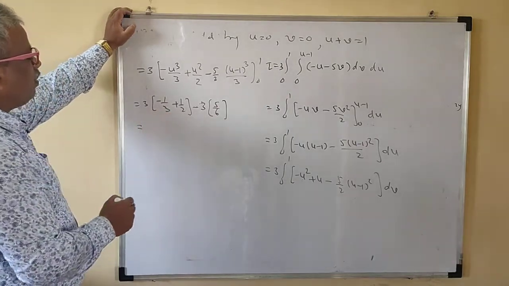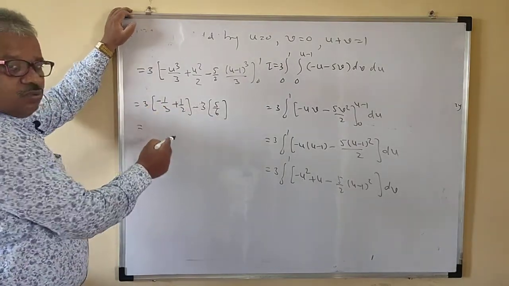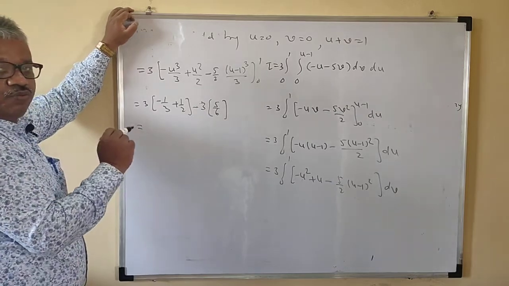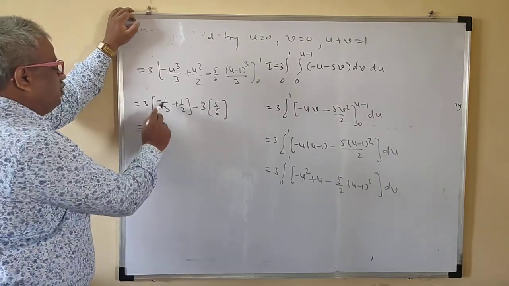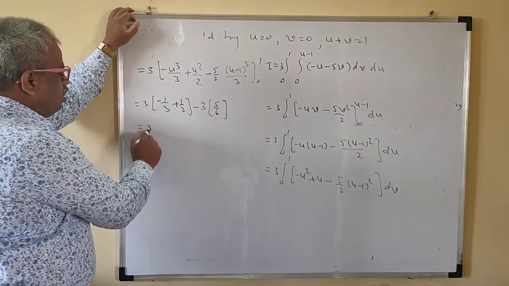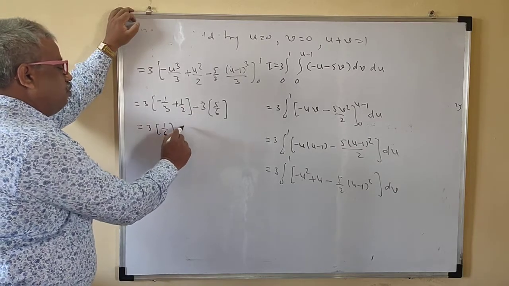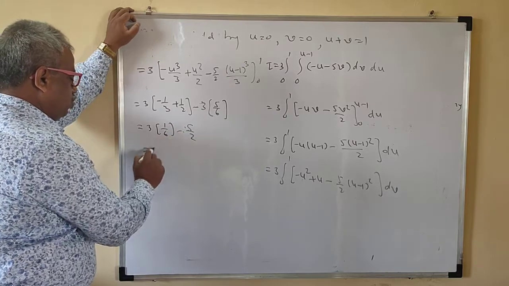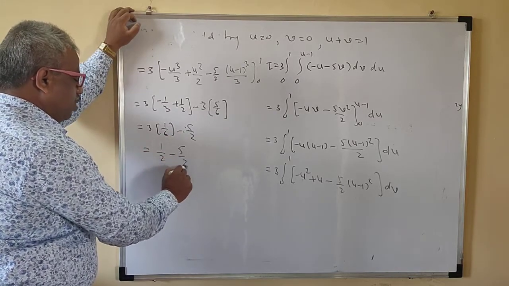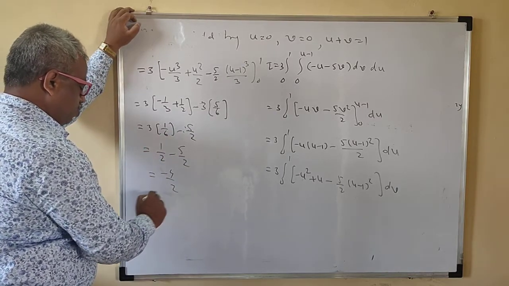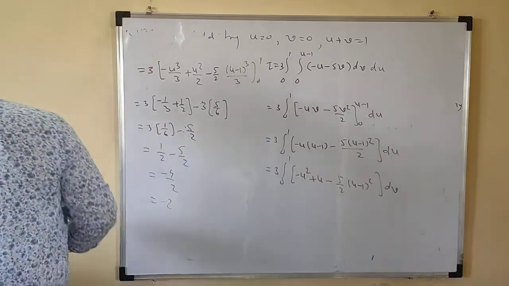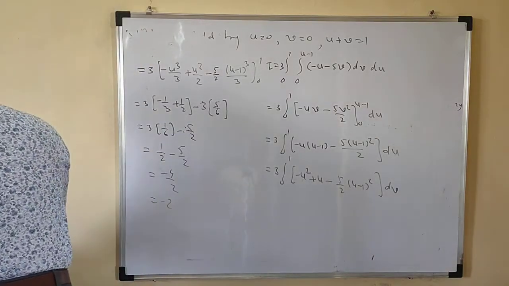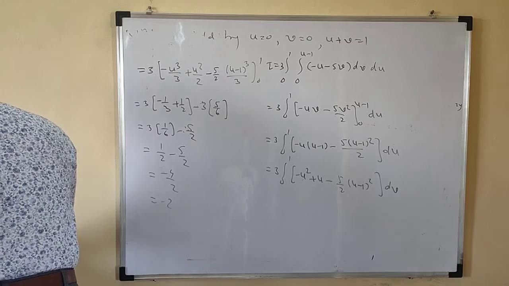So if you cross multiply this, this is minus 2 plus 3. Minus 2 plus 3 is 1. 1 by 6. 1 by 6. This is what? 3 into 1 by 6, minus 3 times 5 by 2. 5 by 2. So this is what? 1 by 2 minus 5 by 2. So minus 4 by 2. So this is what? Minus 2. So the answer is minus 2.